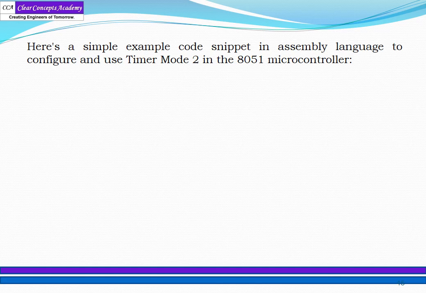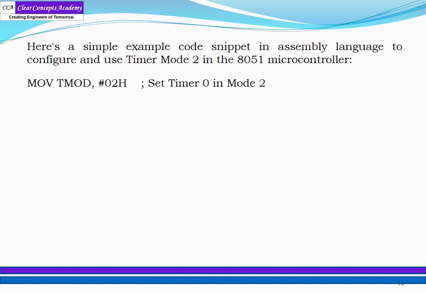Here is a simple example in assembly language to configure and use timer mode 2 in the 8051 microcontroller. Now, MOV TMOD, #02H. By this command you are setting timer 0 in mode 2. Now why this 02?